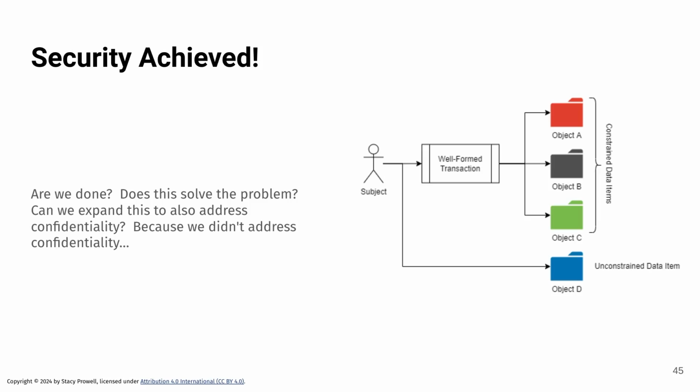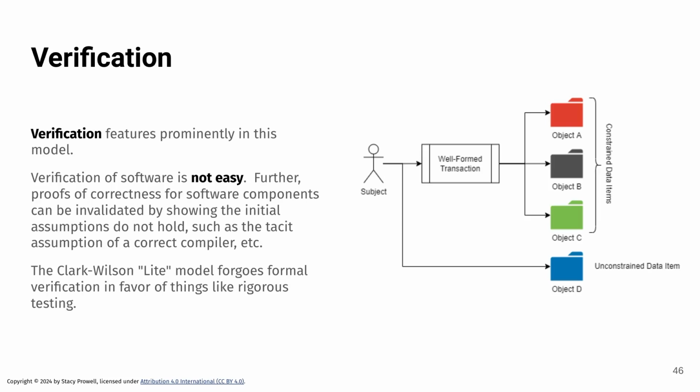Security achieved. Does this solve our problem? Well, I did mention top secret earlier, but it didn't seem to directly address that. It's really focused on integrity, same as the Biba model was. But we want confidentiality. We really want confidentiality. So, wait a minute.